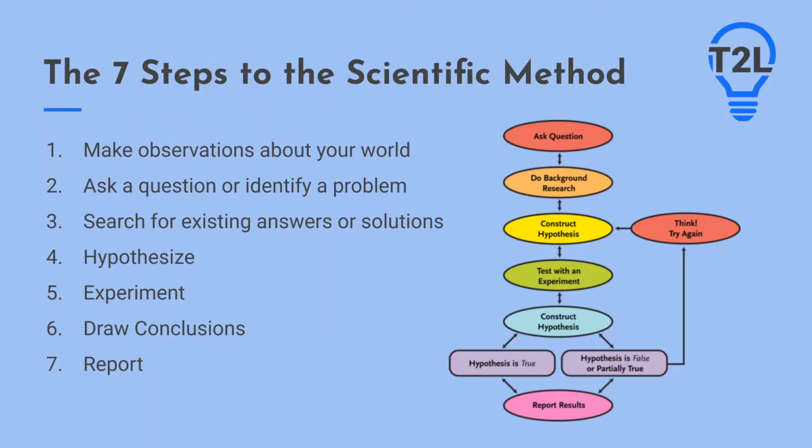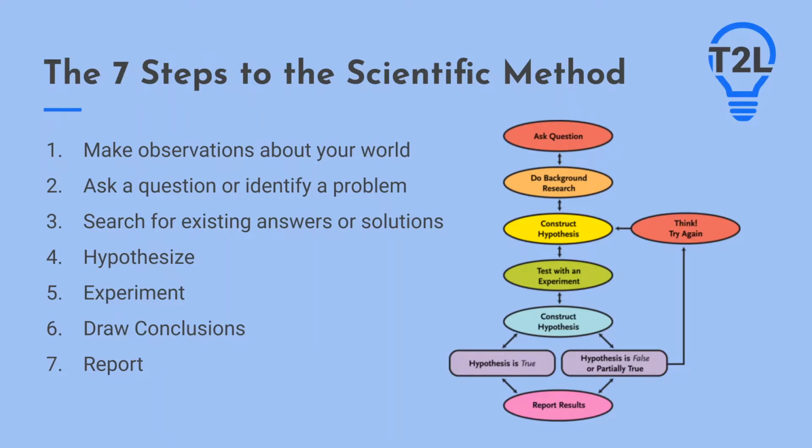So there are 7 steps to the scientific method. The first one is just make observations. That's what we're doing. Then 2 is ask a question or identify a problem, and that's mainly what we were doing the first 2 times. After that we're going to be searching for existing answers and solutions to see what's already been done.